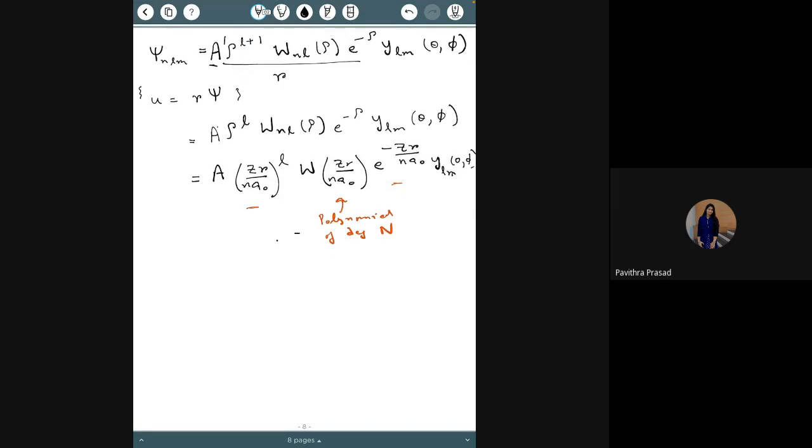So W is formed from Laguerre polynomials, and in particular these are the associated Laguerre polynomials.